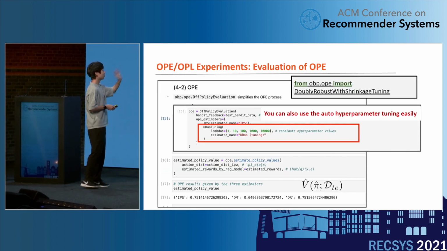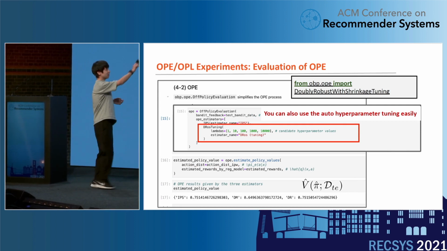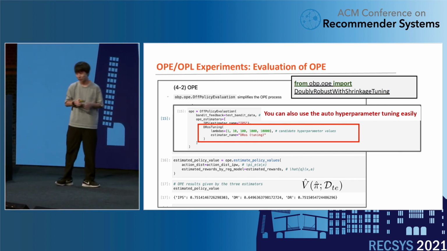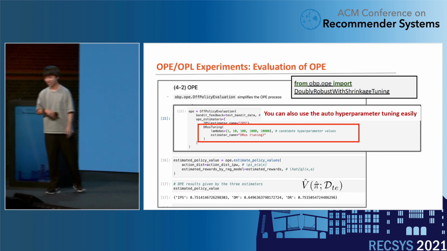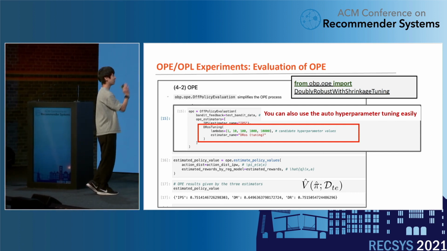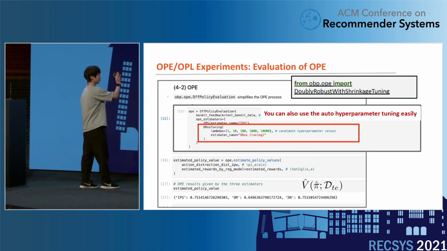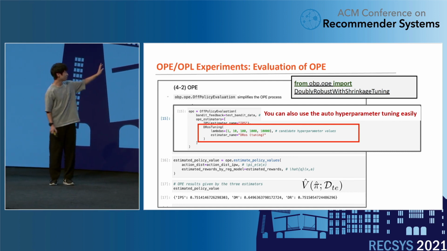And yeah, you can also implement the hyperparameter tuning procedure here. There is a recent update in the package, and we implemented doubly robust with shrinkage tuning, a very state-of-the-art recent method. What you can do with this package is you just have to give some candidate hyperparameter values for the shrinkage estimator, right?